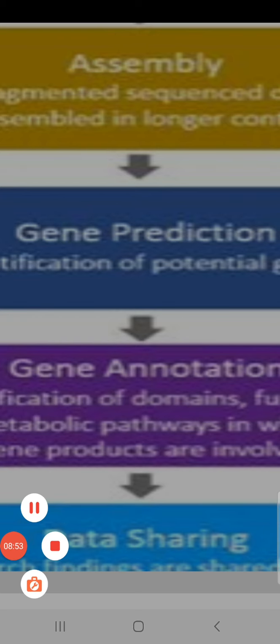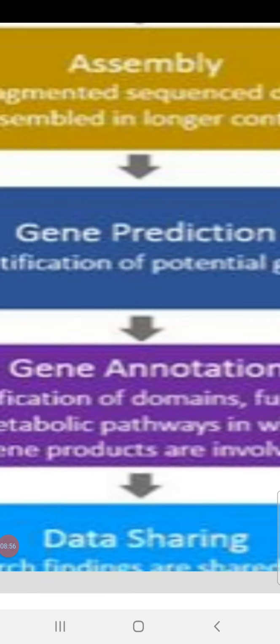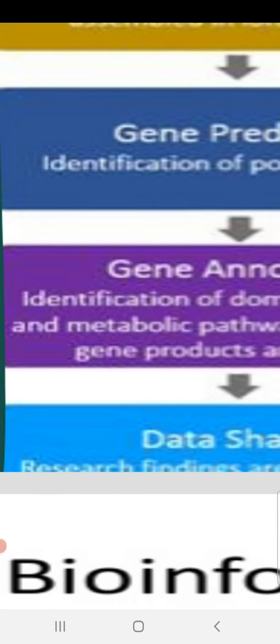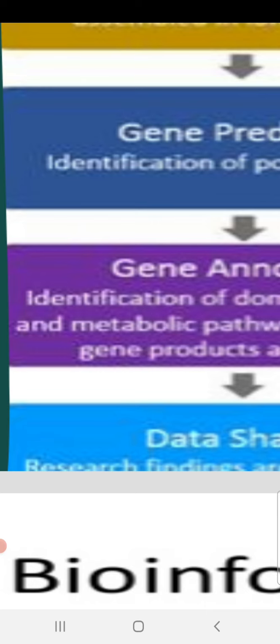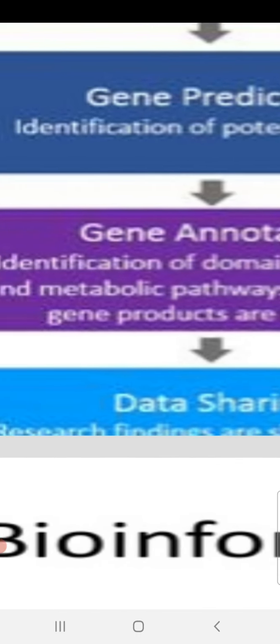of a single nucleotide. So genome sequencing is done, and then after genome sequencing, gene annotation is a step where the domains, the functions and the metabolic pathways in which the gene products are involved are identified. So annotation means where a particular gene starts and where it completes, where the first codon is and where the last codon is.